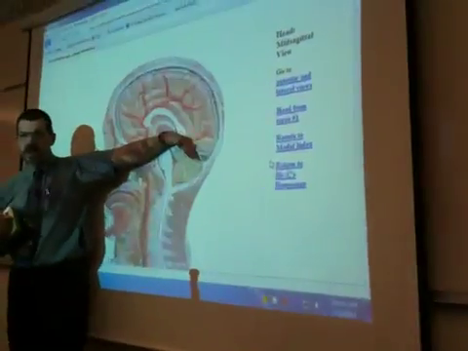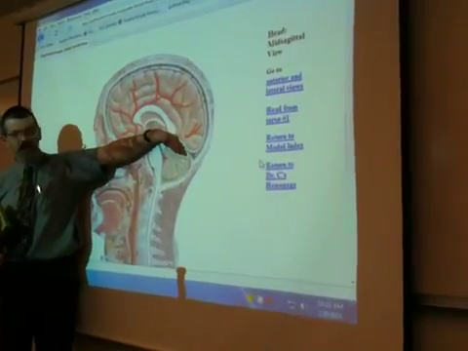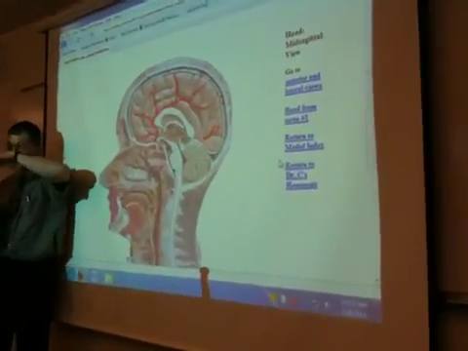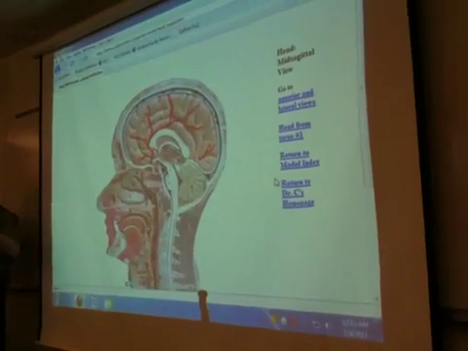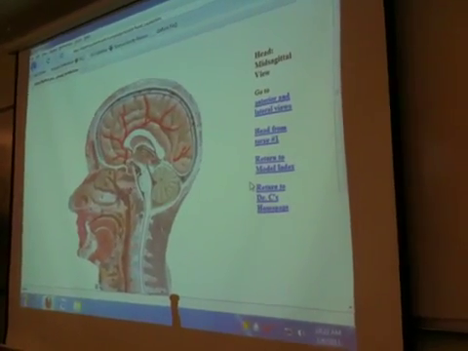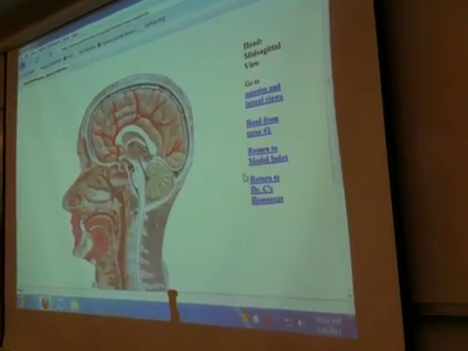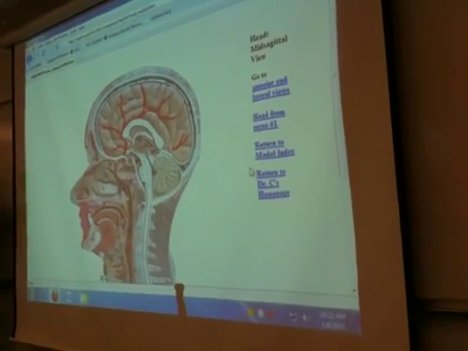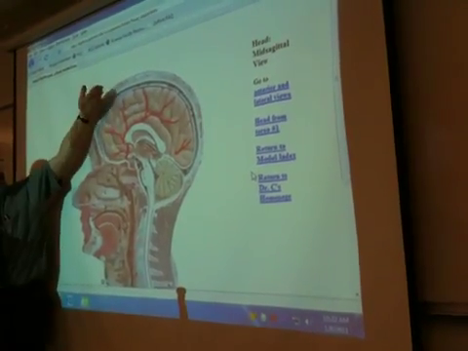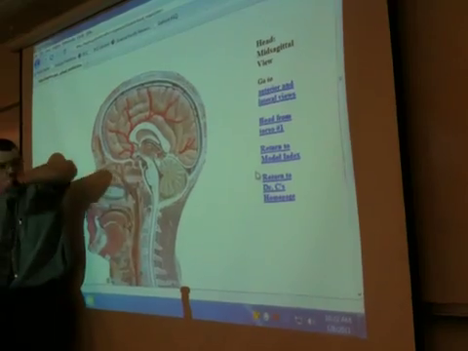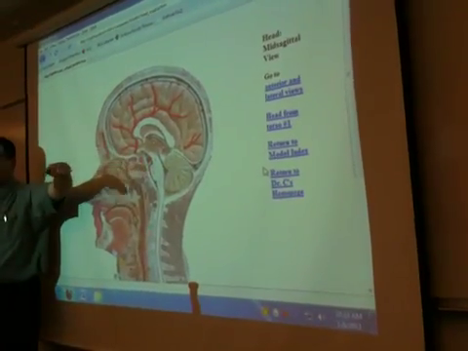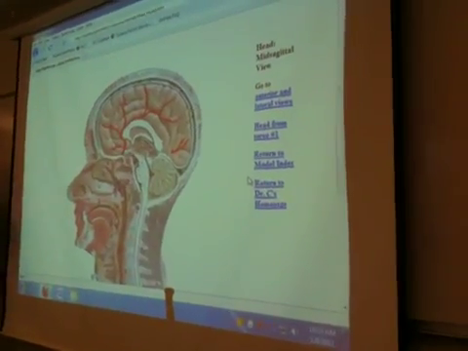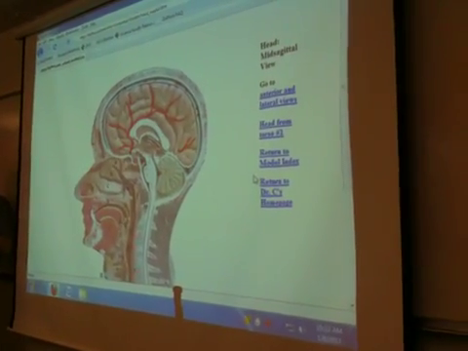It goes between your cerebrum and your cerebellum. That forms a tent. So what do we call that one? Tentorum cerebelli. So you have a falx cerebri here, a falx cerebelli here, and a tentorum cerebelli that goes that way. Those are the three ways your meninges can be inside the brain.